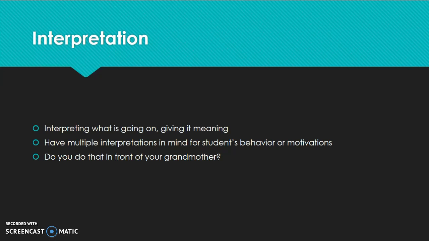So something that you might not do in front of your grandmother could be completely different from what they would be willing to do in front of their grandmother. That was just a little comparison that the book used as an example when you're trying to figure out if a behavior could be negative or positive based on that individual student's culture.